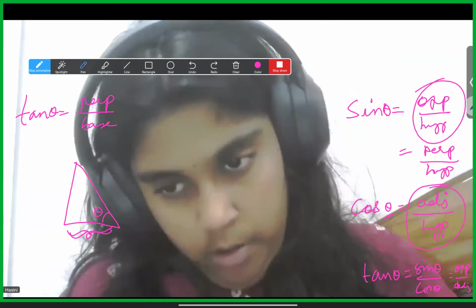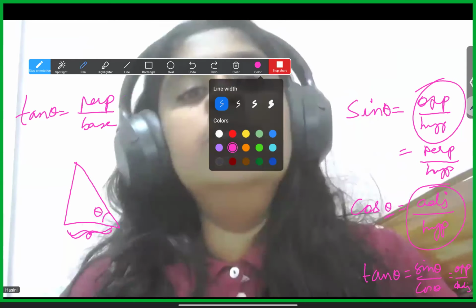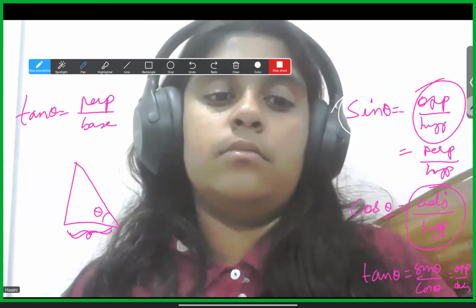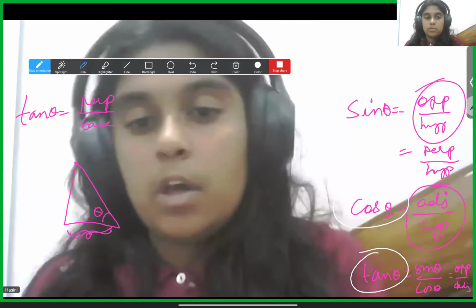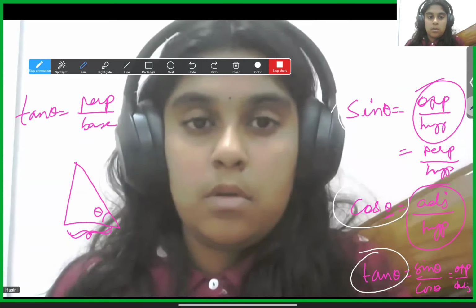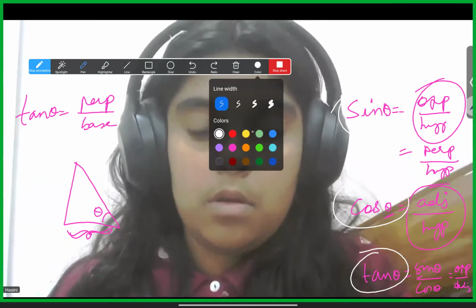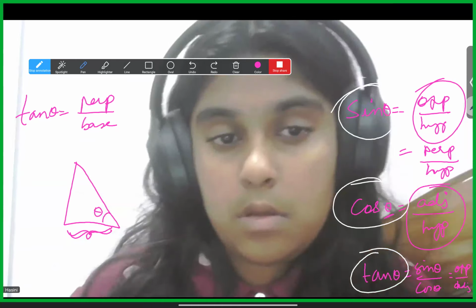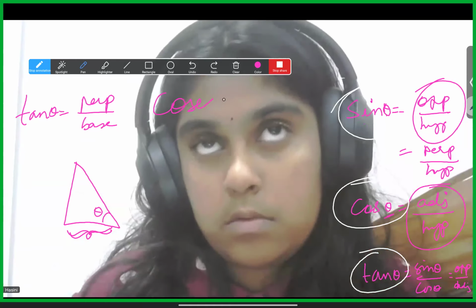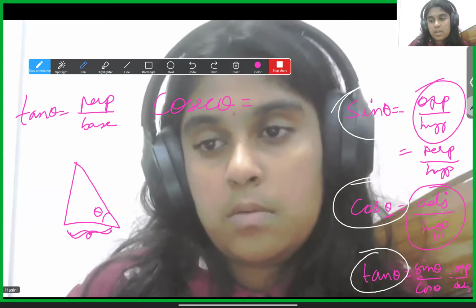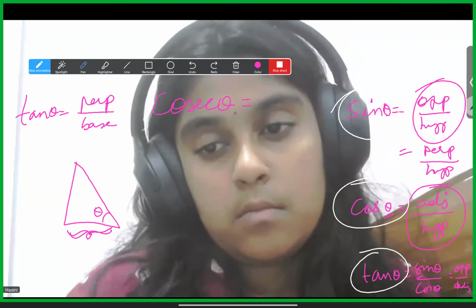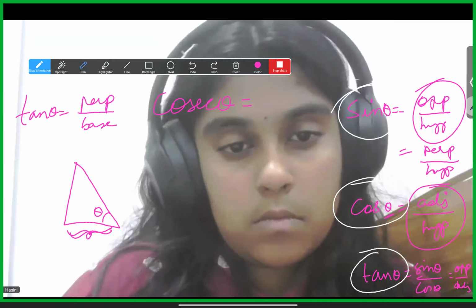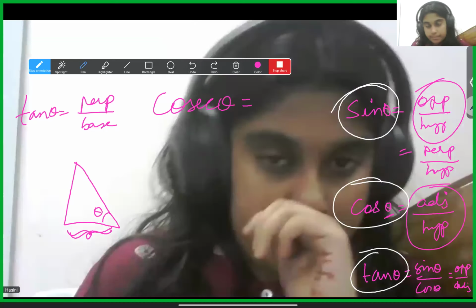Now, Hasni, the remaining three are just reciprocals of these. Sin theta's reciprocal is cosecant theta, cosec theta.